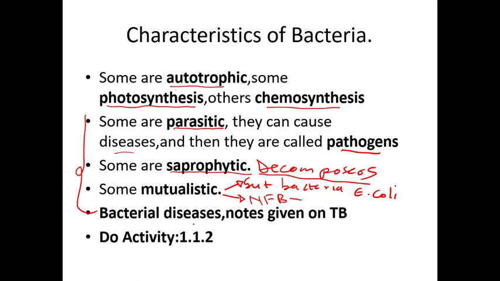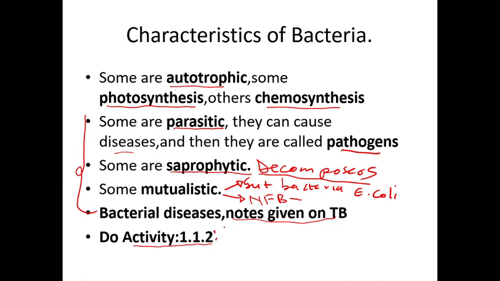Then we looked at bacterial diseases. Then we looked at TB. I did not give notes on TB, but you should be able to understand it studying it from your textbook. And then do activity 1.1.2 in your textbook to test yourself if you've understood this. So this activity is mainly for understanding life sciences, activity 1.1.2.